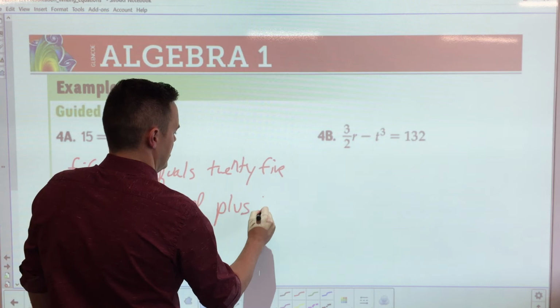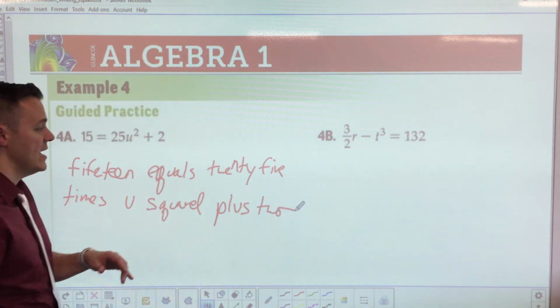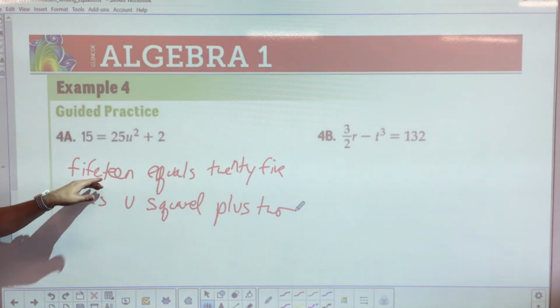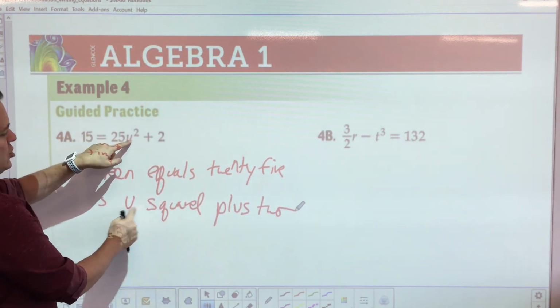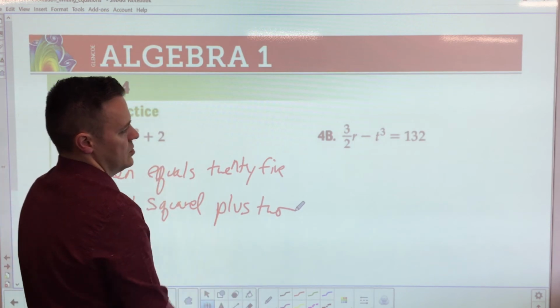Sorry, when I write fast, I write sloppy. 15 equals 25 times u squared plus 2.